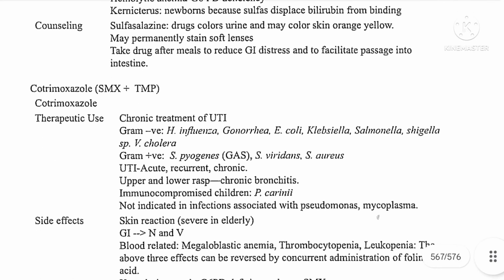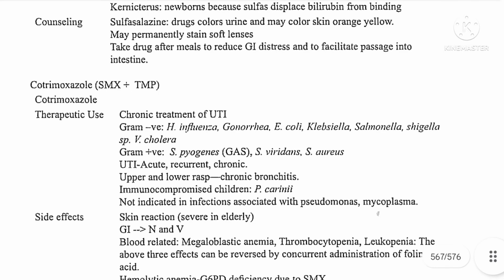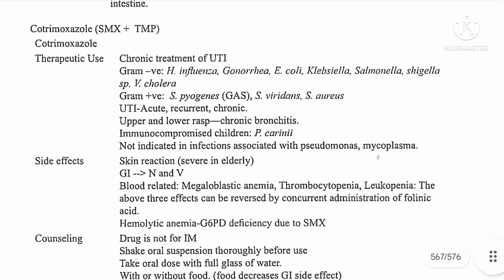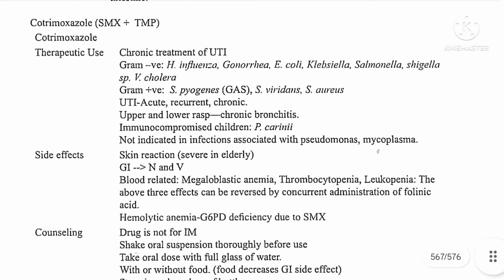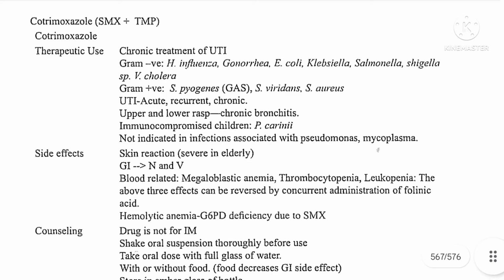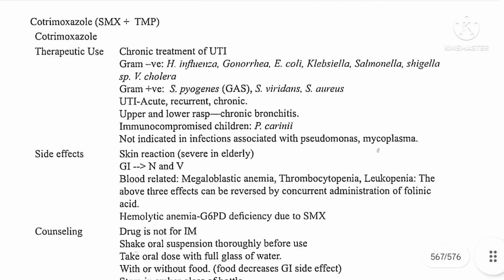Cotrimoxazole is obviously the combination I described previously of the folate drug with trimethoprim. Its therapeutic use is chronic treatment of UTI, gram-negative H. influenzae, Klebsiella, Salmonella, E. coli, Shigella, and Vibrio cholerae.